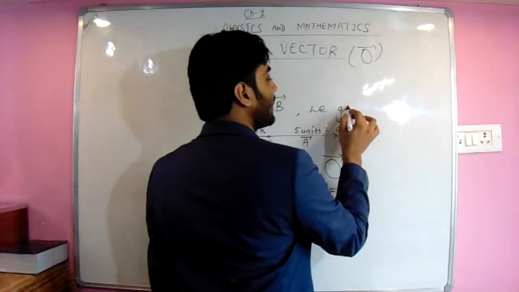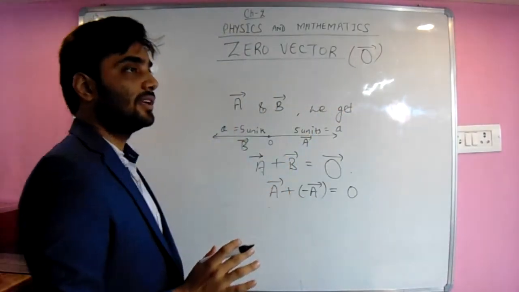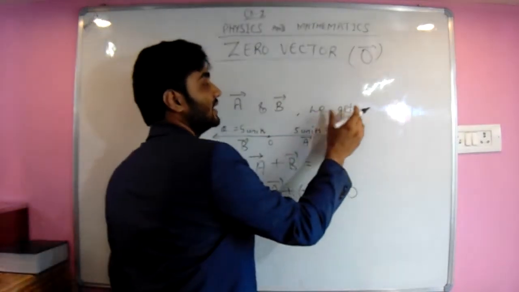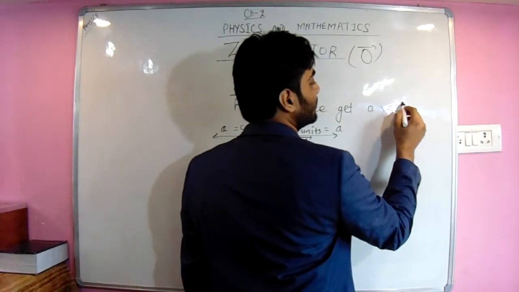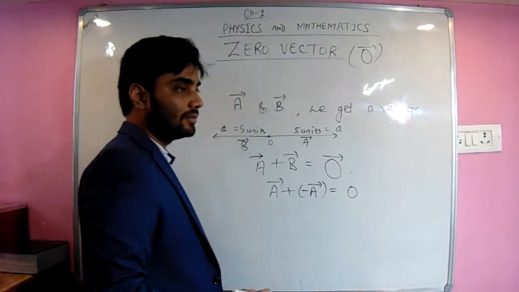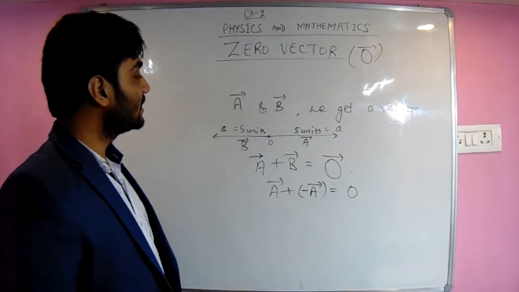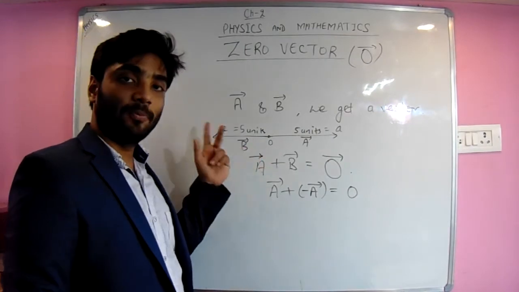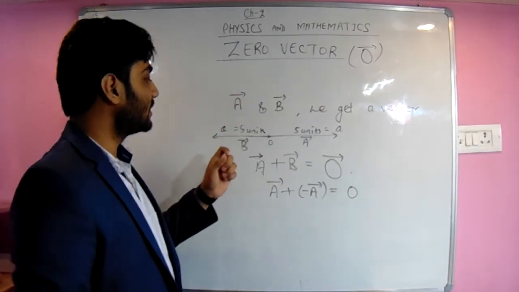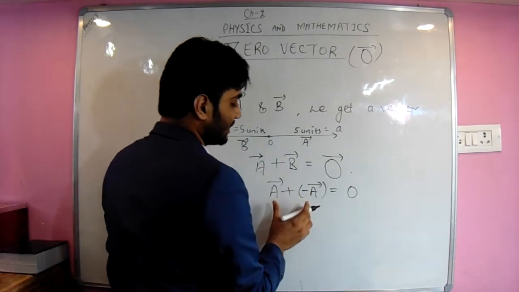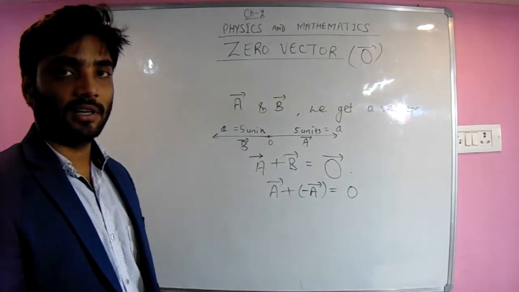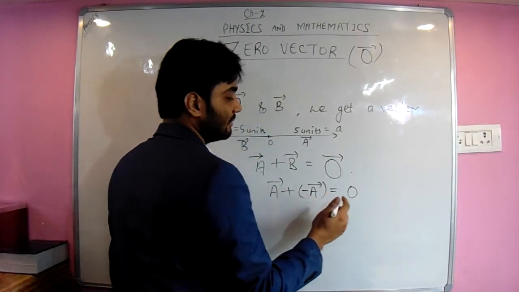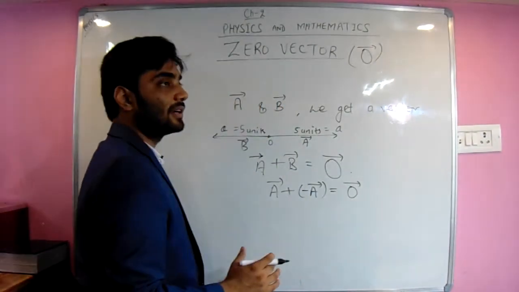If we add A vector and B vector, and these vectors are not in opposite directions, then we get a vector, simply any vector as the result. But if the direction is opposite to vector A, so B vector becomes minus A vector with the same magnitude as A, then the result is equal to the zero vector.